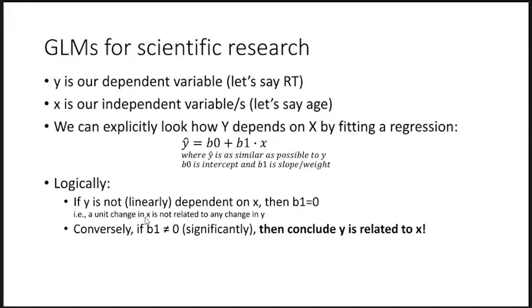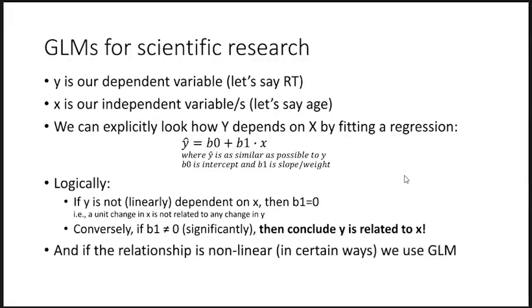So a unit change in x is not related to any change in y. Conversely, we can think about it the other way. If we see that b1 is significantly different than 0, the slope is significantly different than 0, then we can conclude that y is related to x. Okay? That's the whole game. So the whole game is to find these parameters and then see if they're different from 0, and then interpret them in the way that y is related to x by these parameters, or not related if they are close to 0. Clear?